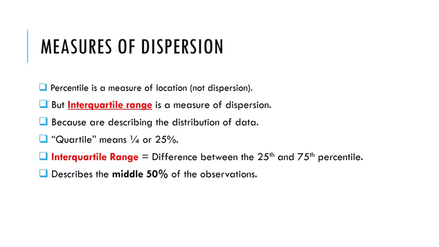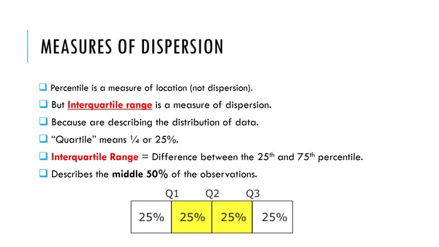So we go in a quartile on each side, leaving us 50% in the middle. Here's a diagram that will probably help you. We're going in one quartile from the left, one quartile from the right, leaving us 25% and 25%, a total of 50% in the middle. Okay?